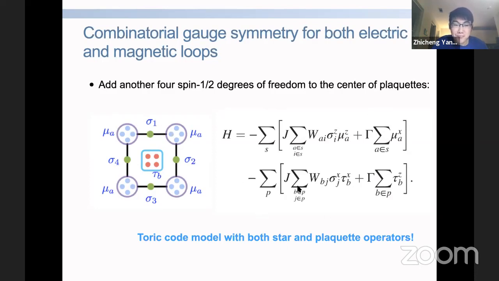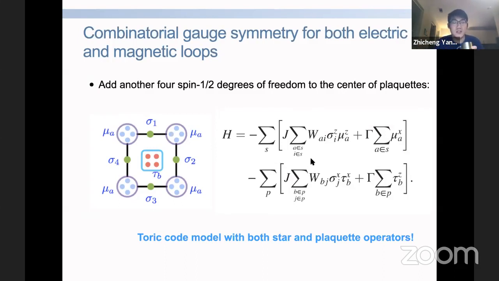So now, for example, on top of this mu degrees of freedom, I can further introduce, let's just call them tau spins, associated with each elementary plaquette, and then I couple them with the Hadamard matrix. And now this term precisely corresponds to the plaquette operator. So now this Hamiltonian in the low energy sector would be exactly solvable.